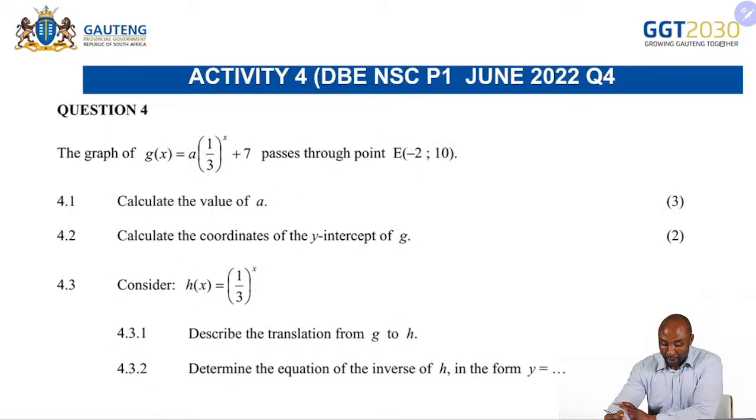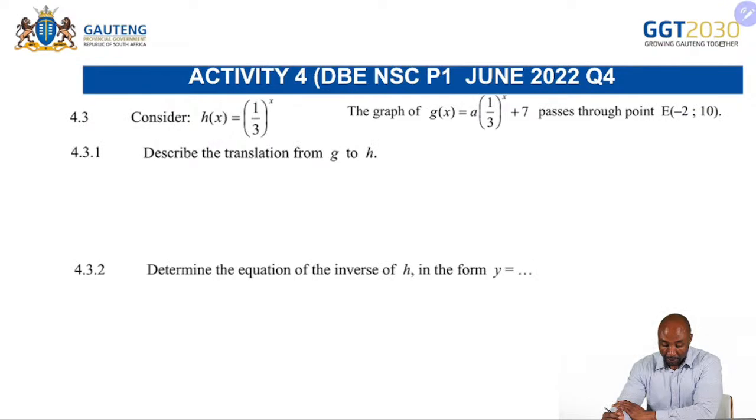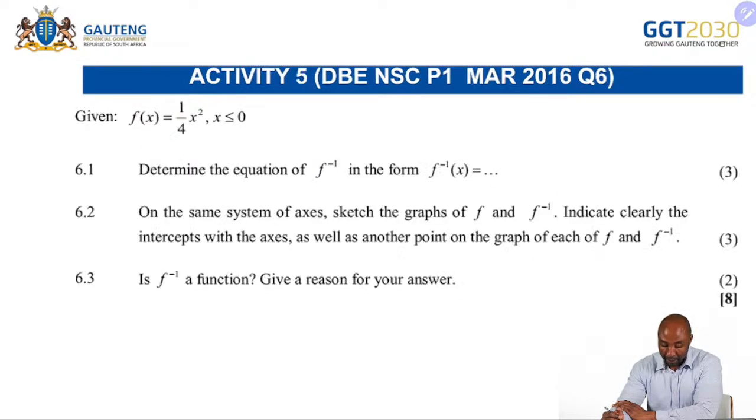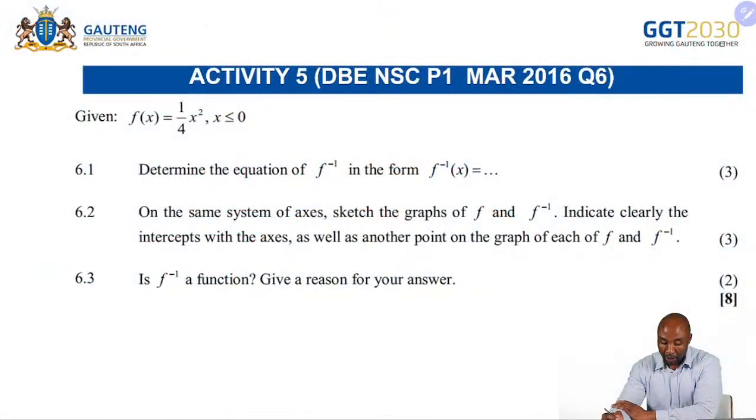Now, here is the question for activity 4. I will ask you to take a picture of it and you attempt it when you get home. There, I will pass. There, it's another activity 5 where we are supposed to look at the inverse function problem. I will pass that one. You can take a picture.